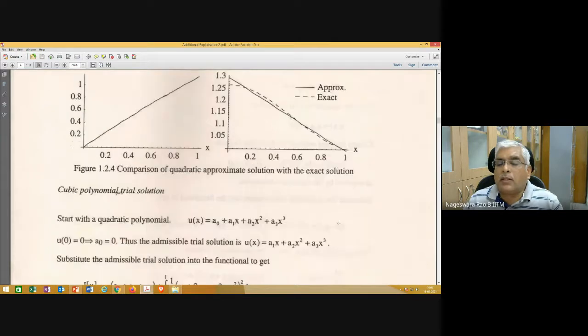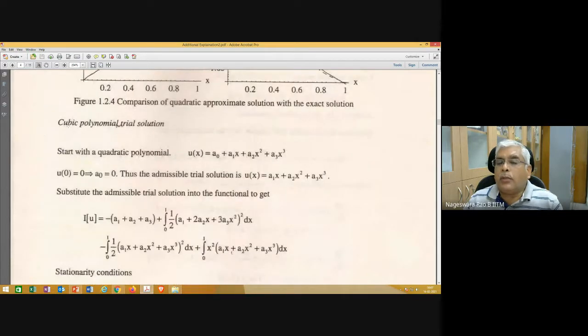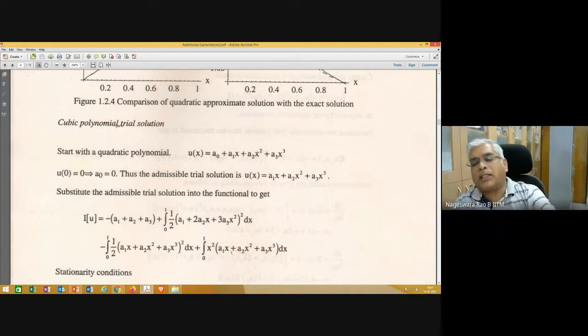The same problem is also repeated using a cubic polynomial trial solution. These are all self-explanatory and mechanical, in the sense that no brainwork is required. You just go through it, you will understand, and please watch out for any mistakes in what is presented here.